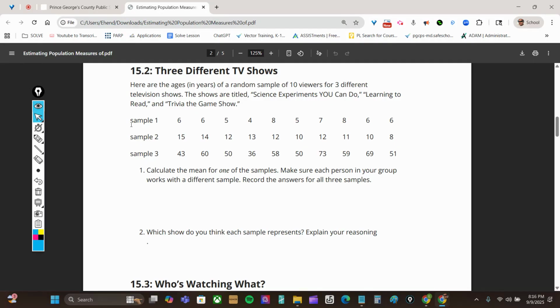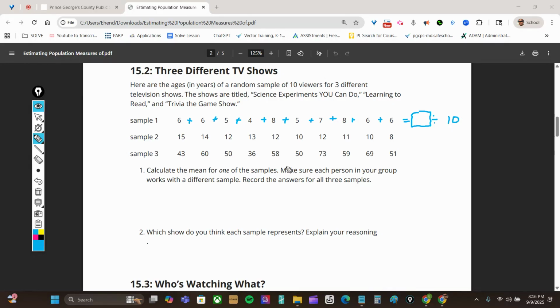Find the mean. Basically, you're going to add all of these numbers up for each of the groups. You add them up, find the total, and divide by the total number. It says 10 viewers, so you're going to divide whatever your answer is by 10.